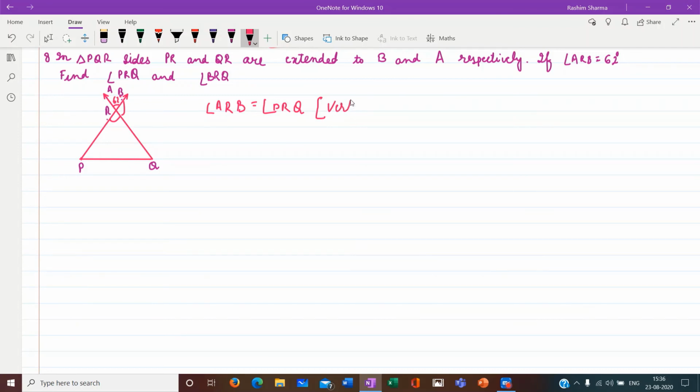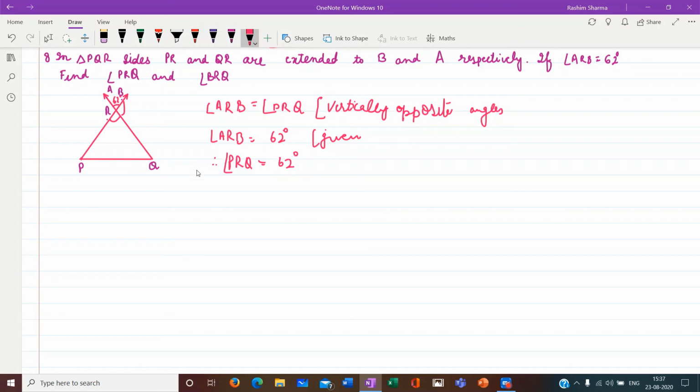Because they are vertically opposite angles. Now we are given angle ARB is equal to 62 degree. This is given. Therefore, angle PRQ is also equal to 62 degree.